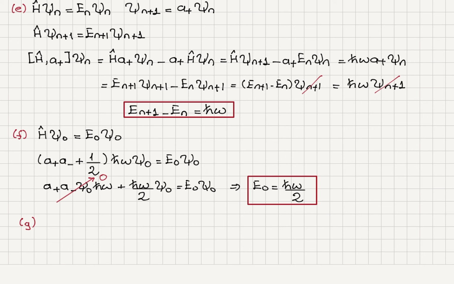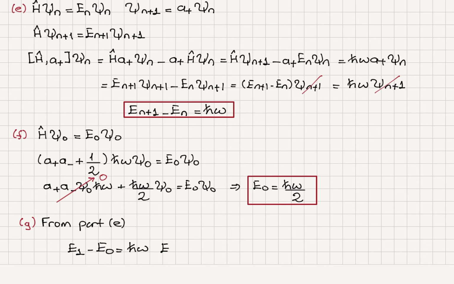Okay, so from part E, I have E1 minus E0, because for two consecutive levels the energy difference is h bar omega, equal to h bar omega.